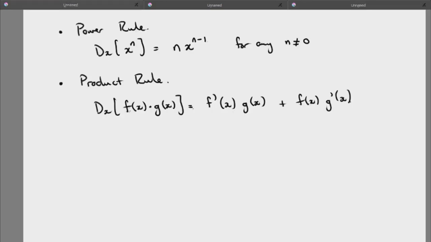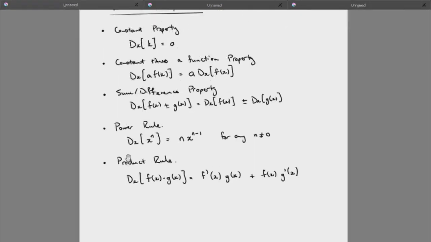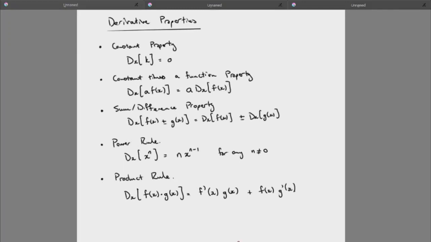So if we look at these properties, we can handle a lot of things in terms of functions being made up of pieces combined. We can handle numbers around the essence of the function. We can handle two pieces added or subtracted. We can handle two pieces multiplied.